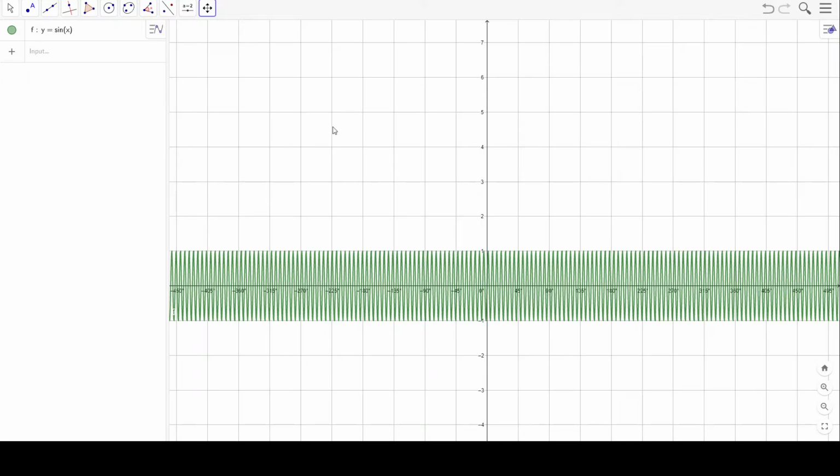The reason is that GeoGebra is still working in radians. So it doesn't care about the distances, whatever they are. I just by default put a dot on it, but it is considering 45 radians. And 45 radians is a very big number, so we have more oscillations.